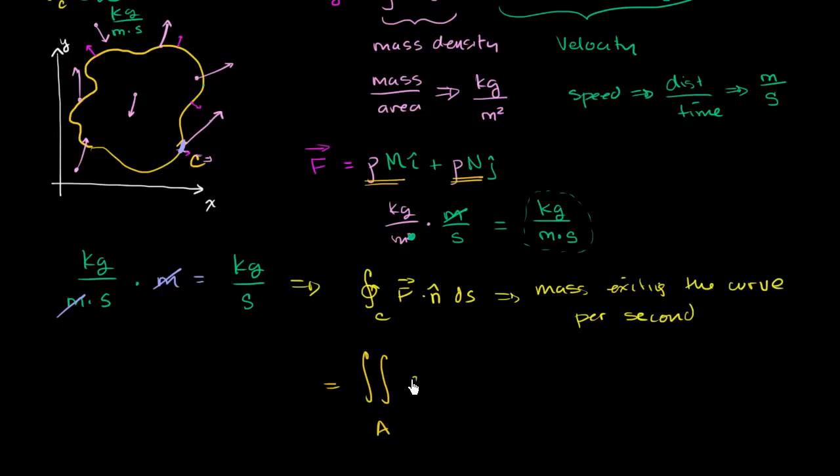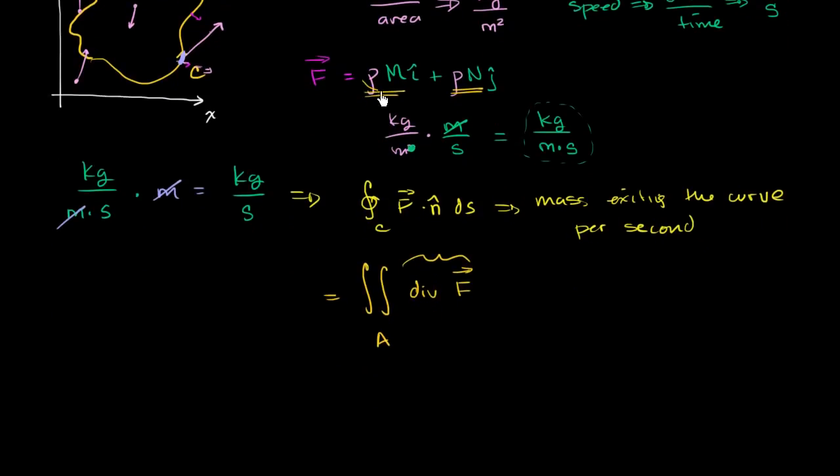Let me write it down here: the partial of the i component with respect to x, I don't want to do this too fast and loose, so this is going to be the partial of rho m with respect to x plus the partial of the y component, rho n, with respect to y, times each little chunk of area.